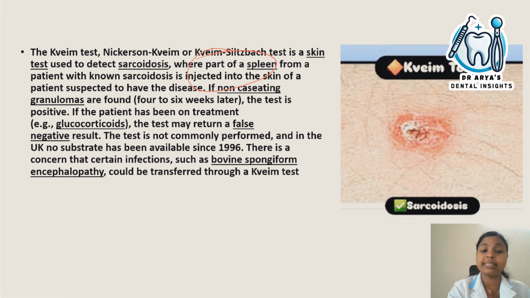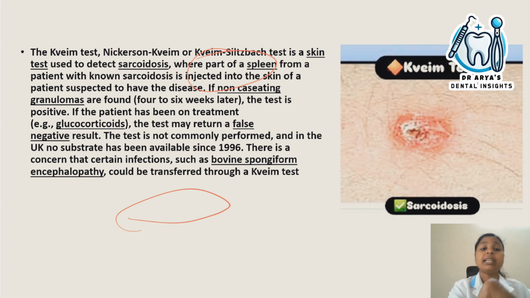If non-caseating granulomas are found, the test is positive, and if the patient has been on treatment, for example glucocorticoids, the test may return a false negative result. The test is not commonly performed in the UK. No substrate has been available since 1996, and there is a concern that certain infections such as bovine spongiform encephalopathy could be transferred through Kveim's test.